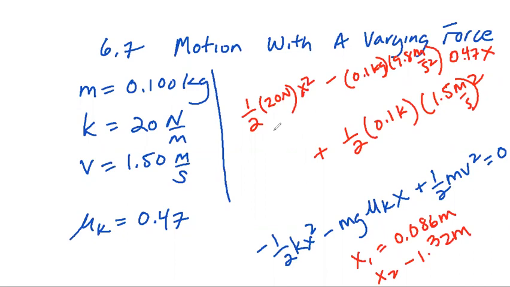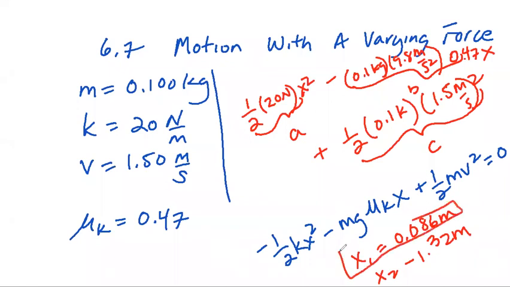So this is my A variable, this one is B, and this whole thing is C. I would do the quadratic formula, but I'm just going to go with the book's answers. The book gives me x1 equals 0.86 meters and x2 equals negative 1.32 meters. Since the glider has a positive displacement, we're going to go with the first. But if you want practice with the quadratic formula, this is A, that's B, and that's C. Very good.